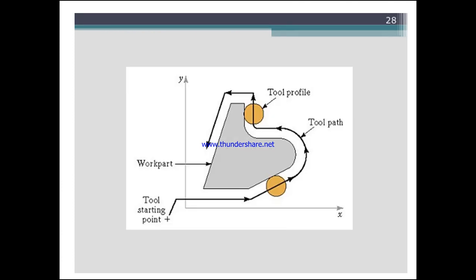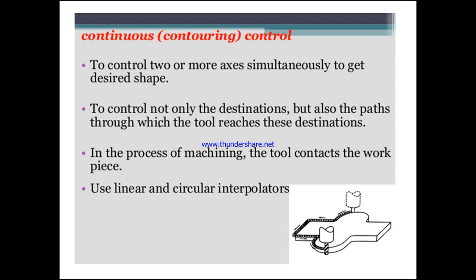This is the continuous contouring method. It starts at the starting point and goes on moving with respect to the tool path. According to the Cartesian coordinate system, it goes on moving with respect to the tool path, the tool profile and workpiece, according to its continuous or contouring positions.